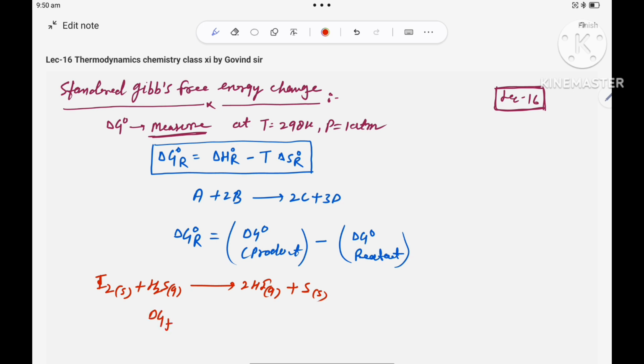The Gibbs free energy of formation, standard, for HI gas is equal to 1.8 kilojoule per mole.